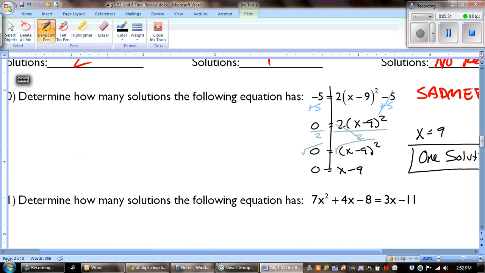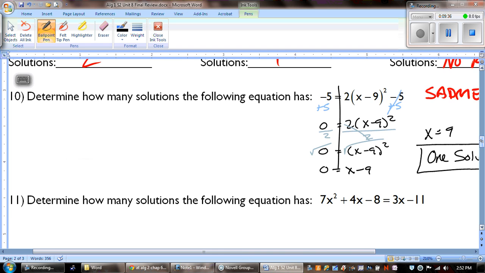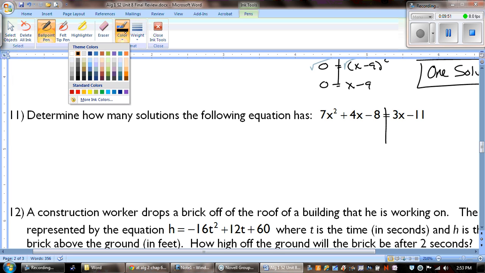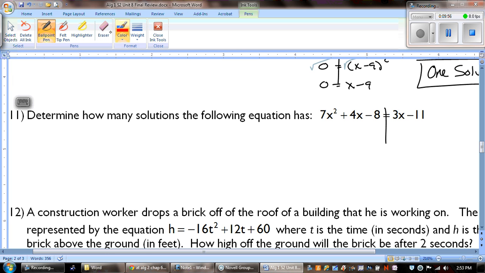All right. Number 11. It says determine how many solutions the following equation has. So whenever we're doing anything like this, the first thing we want is to set it equal to 0. As we set it equal to 0, I need to look at our highest exponent. And that's the squared, and it's kind of all by itself because there's no x squared on the right side.